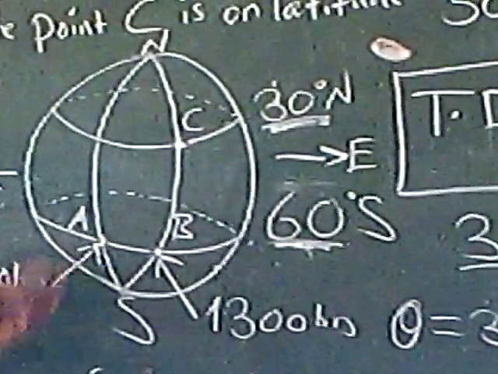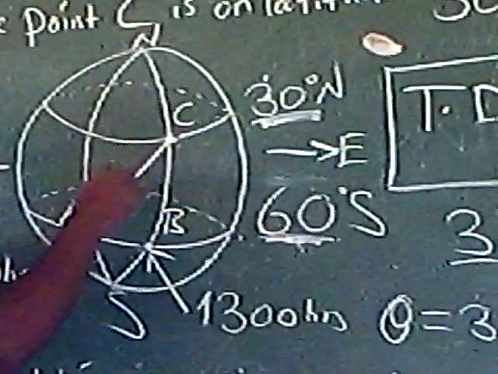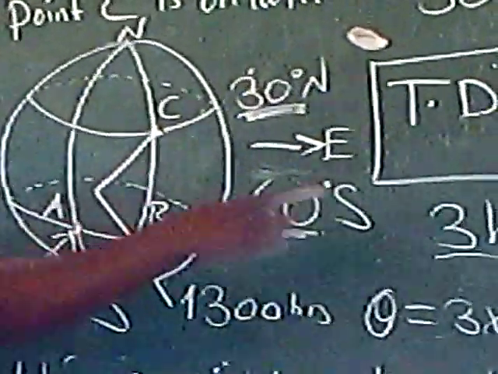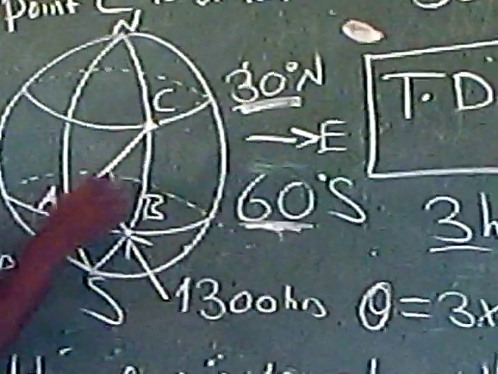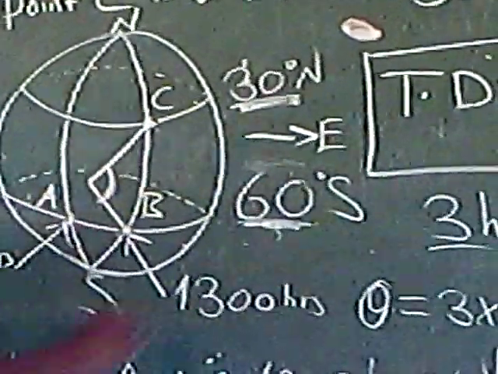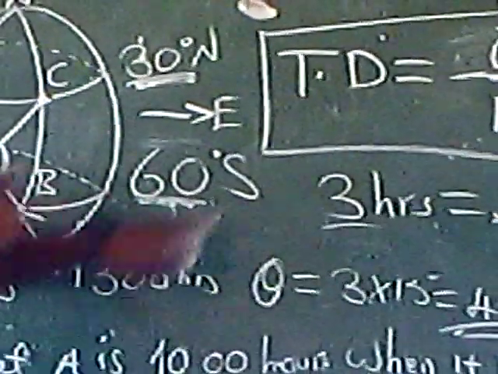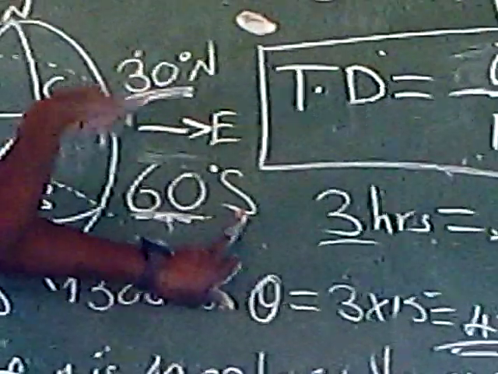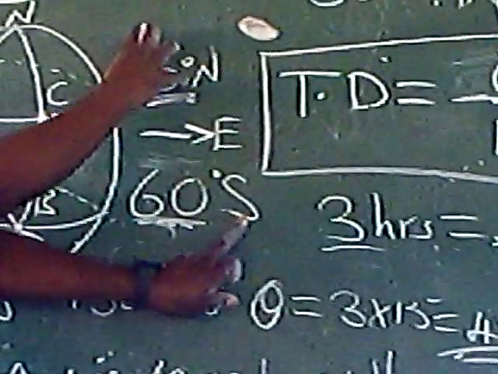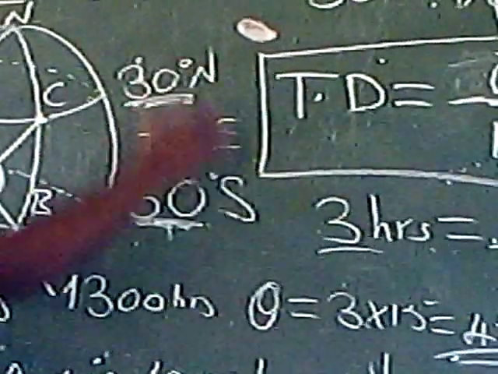Now, how do we get the angle difference between them, which is the difference in latitude? You simply check: this is 60 degrees south and this is 30 degrees north. We see that these angles are lying in different hemispheres.